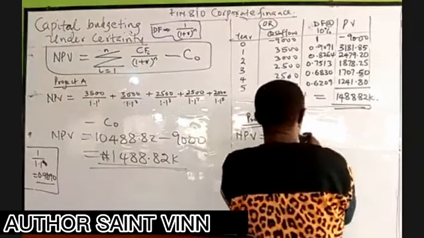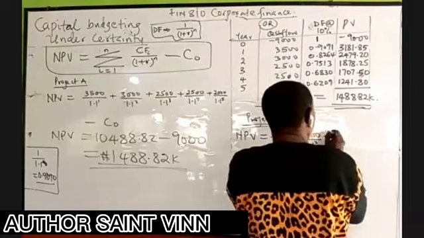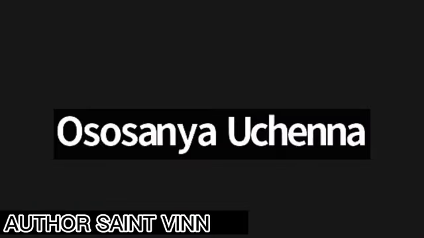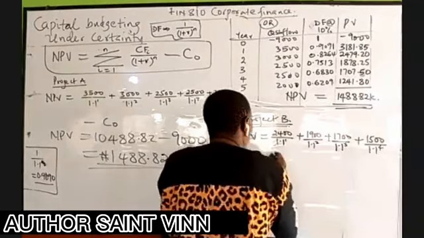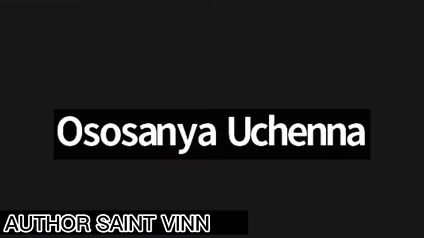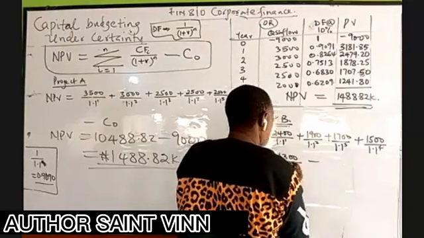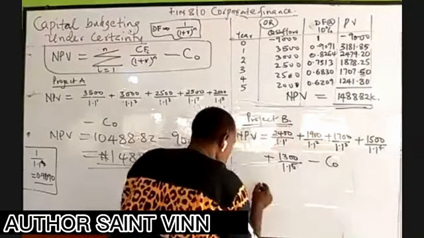Second one, 19 over 1.1 raised to power 2, plus 17 over 1.1 raised to power 3, plus 15 over 1.1 raised to power 4, plus 13 over 1.1 raised to power 5, minus CO, and our CO is, you know it.